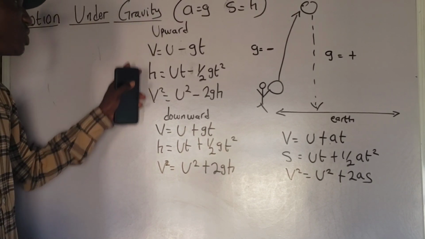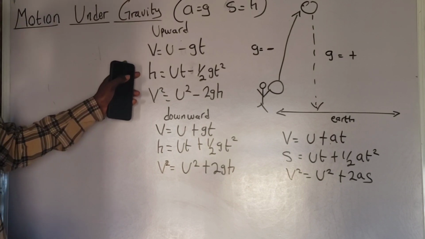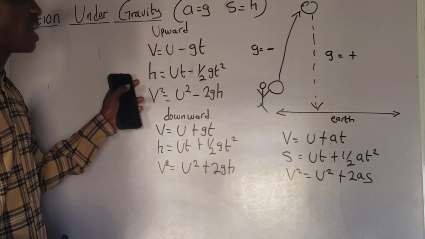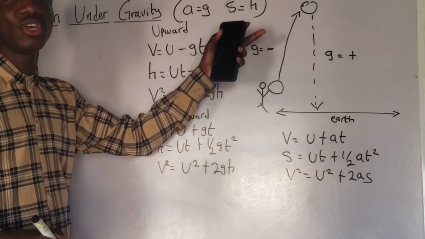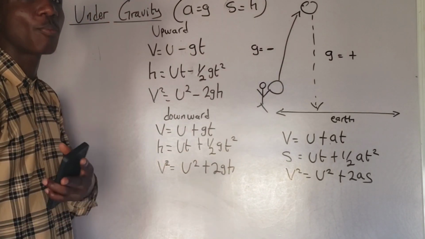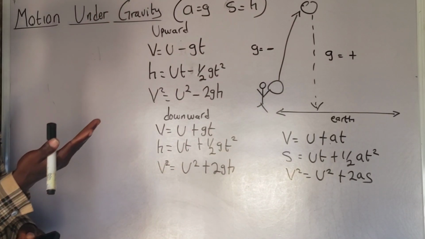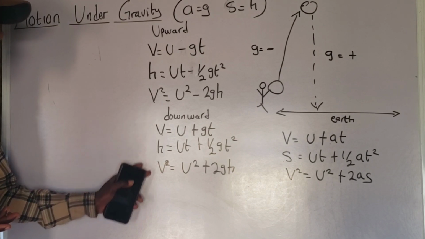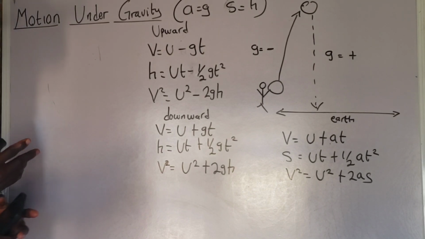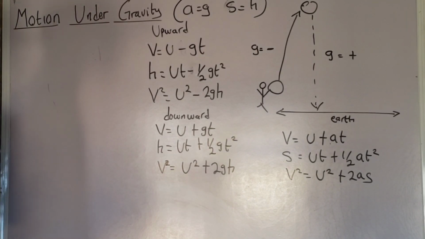The first set of equations is used when we are dealing with an object moving upward, opposing the force of gravity. The second set is used when we are dealing with an object moving in the direction of the force of gravity.